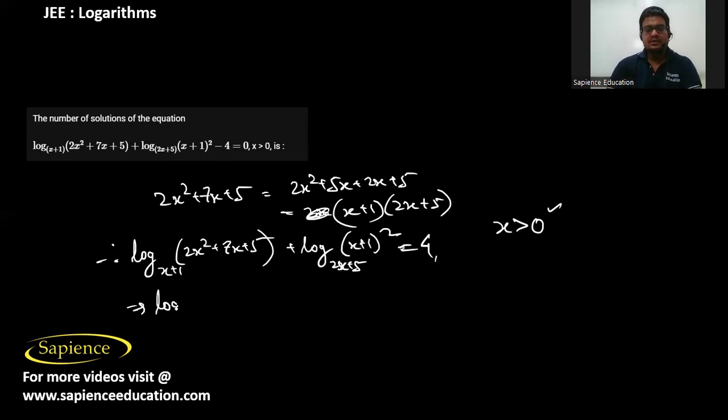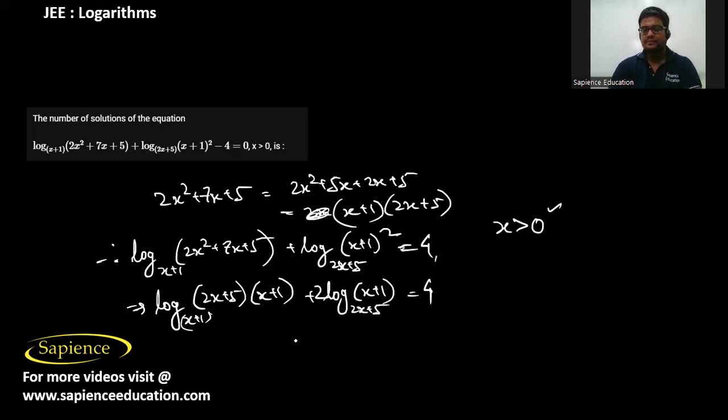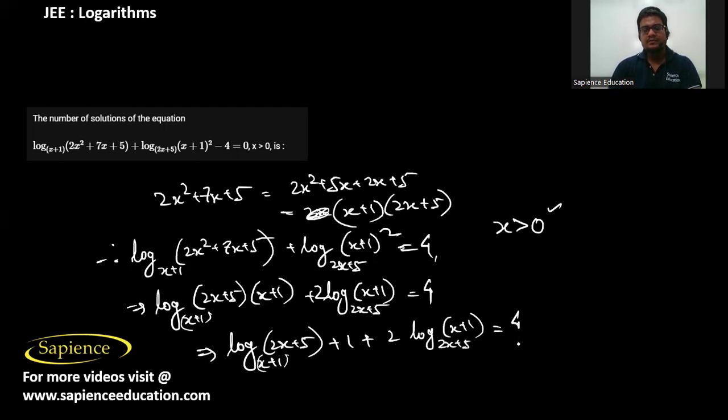So this we can write as log of 2x plus 5 into x plus 1 base x plus 1, plus 2 into log of x plus 1 base 2x plus 5, that is equal to 4. Therefore we can say this will be log of 2x plus 5 base x plus 1 plus 1, plus 2 into log of x plus 1 base 2x plus 5, that will be equal to 4.